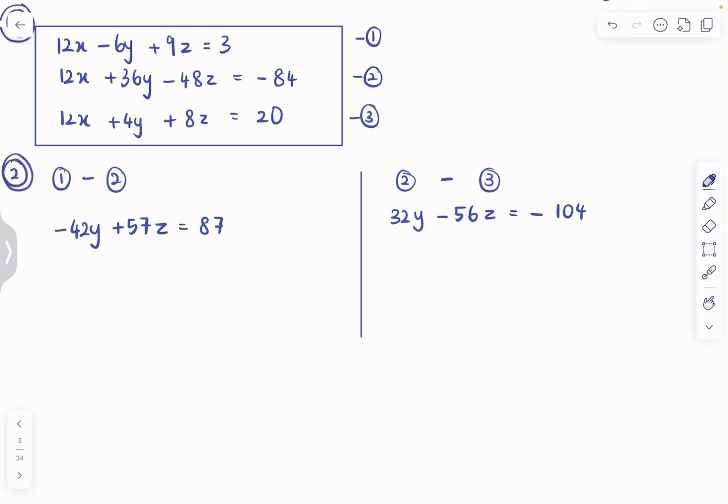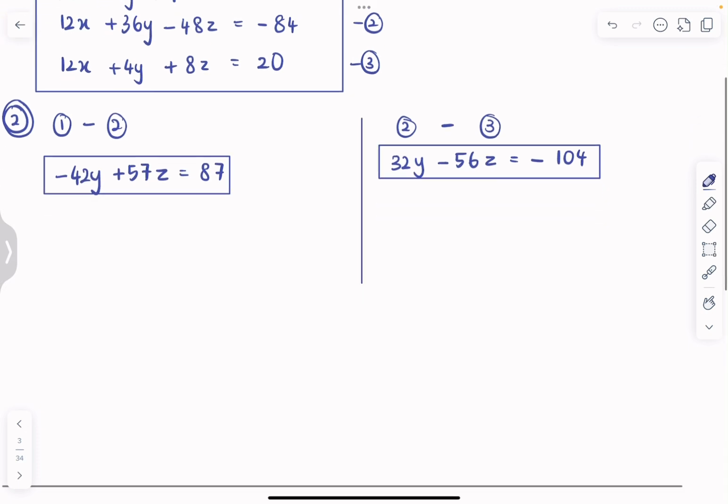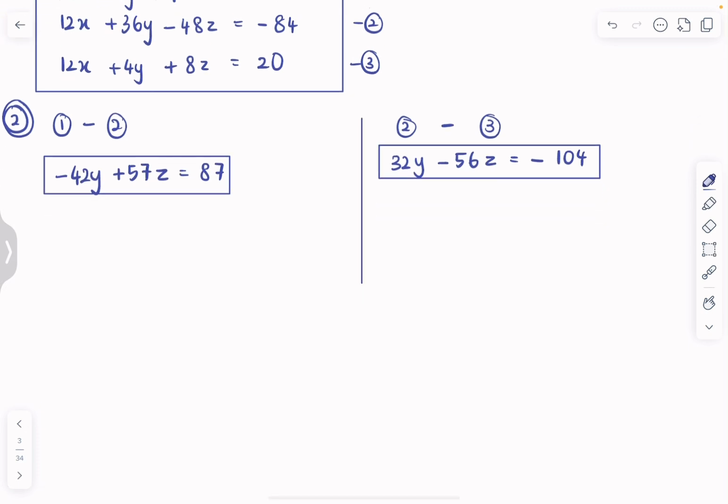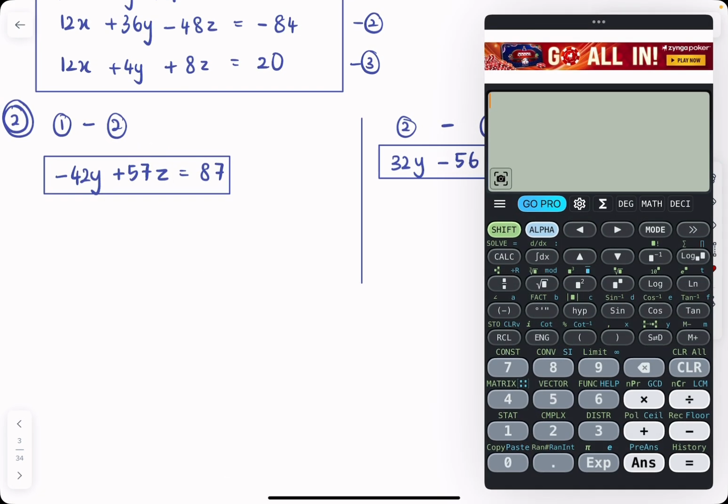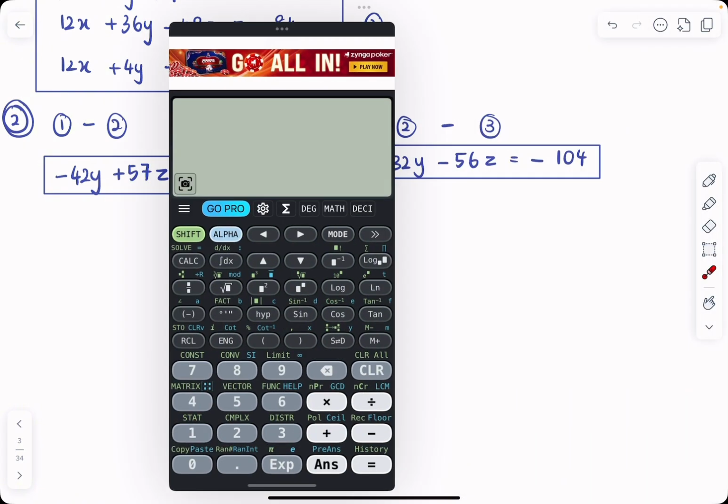So now we have 2 different equations with 2 different unknowns. Now we have to get rid of something. So we have to make either one of them the same. We either make y the same or we make z the same. How to make this the same? If you really don't know, you can cross multiply.